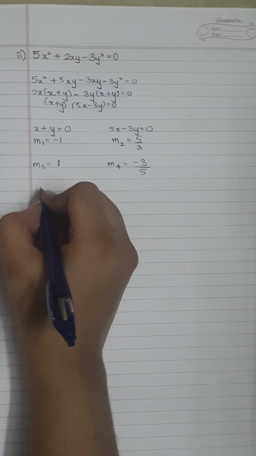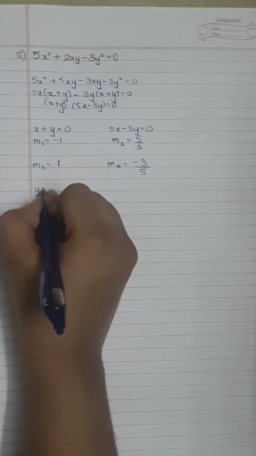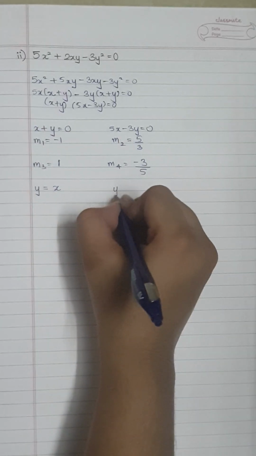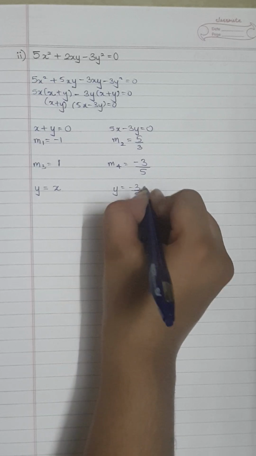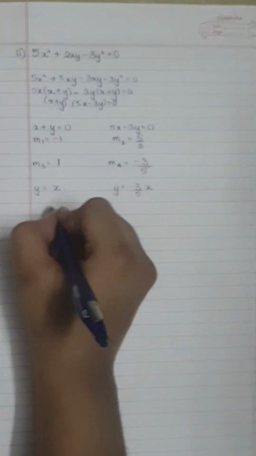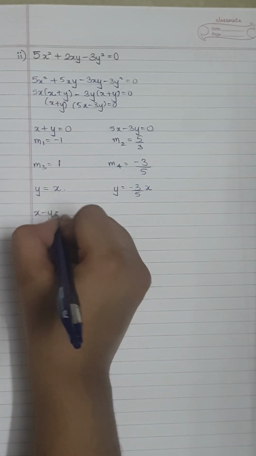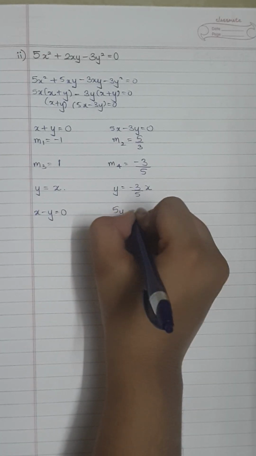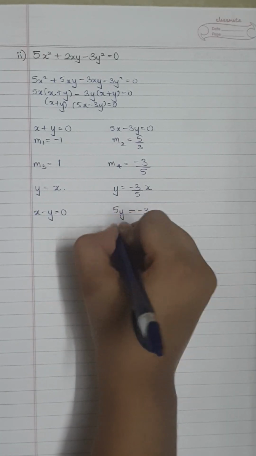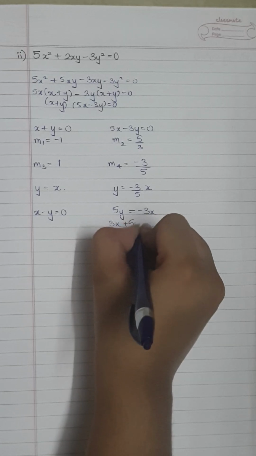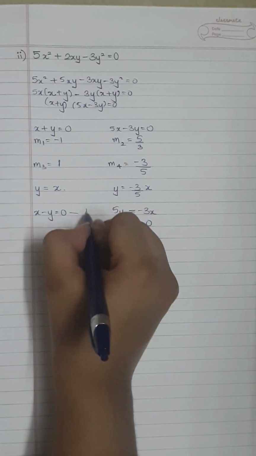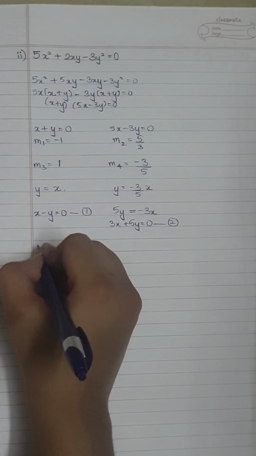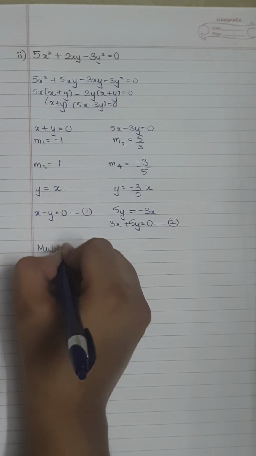Since the lines are also passing through the origin, your equation will be y equal to x in this case, and in this case it will be y equal to minus 3 by 5x. You can write this as x minus y equal to 0 and this as 5y equal to minus 3x, 3x plus 5y is equal to 0. Number this as 1, number this as 2. The combined equation is found by multiplying 1 and 2.